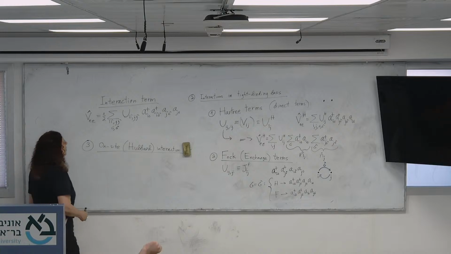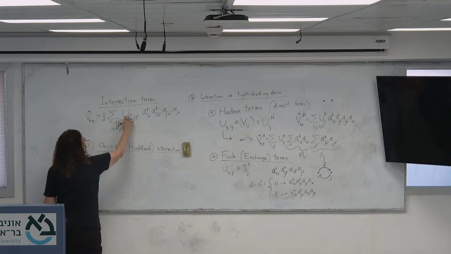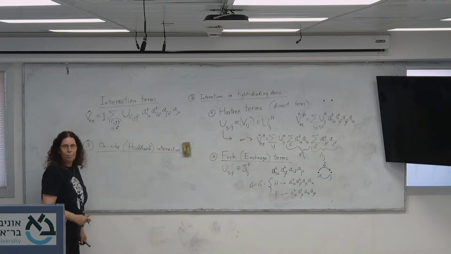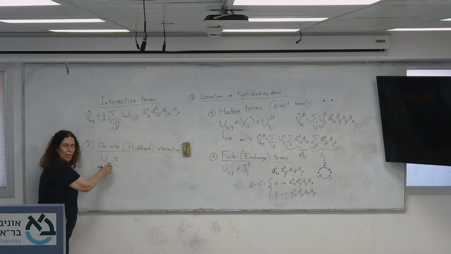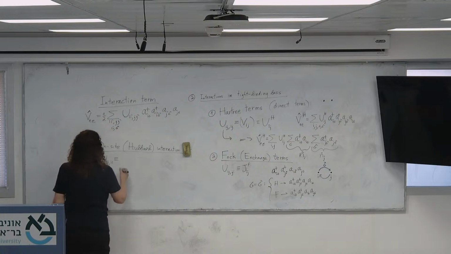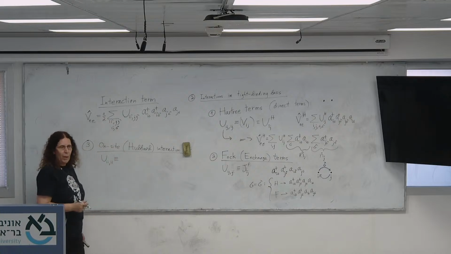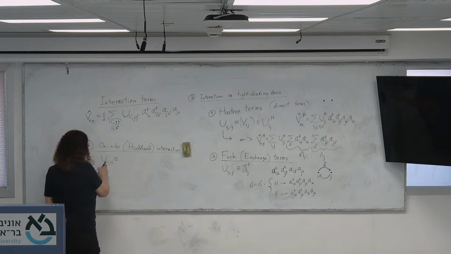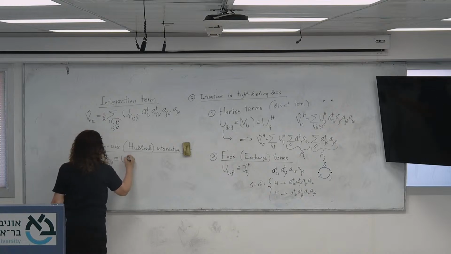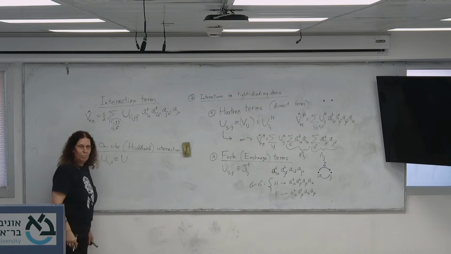Okay, so this is the term where all the indices here are the same. Okay, U, I, which, because there's only one index, and in many cases it's in fact independent, because you have an ordered lattice, it's actually not even dependent on this index, and we just call it U.